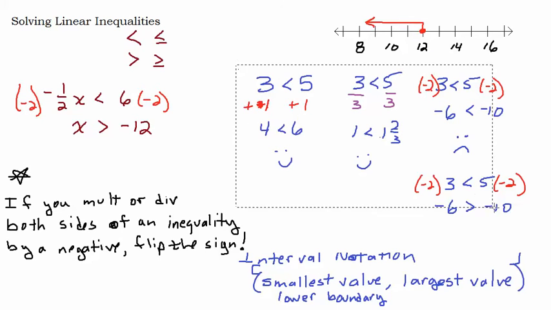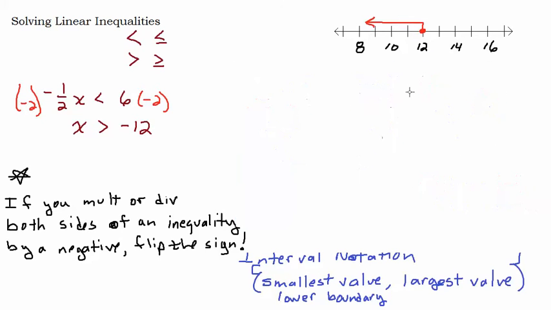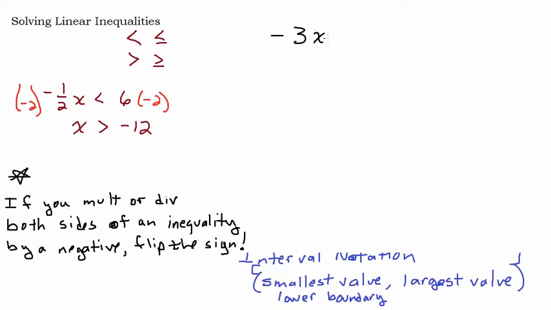Let's try one more of those where you might have to divide. I'll give you a real easy one. Negative 3x plus 1 is greater than or equal to 13. Alright, if you want to pause the video and try to solve this, give it a whirl. So how would we solve this?